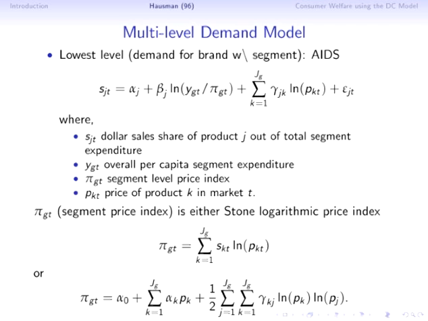Below that there's demand for segments. He takes all the cereals and separates them into 3 or 4 different segments, and models the demand for each of these segments. Then within a segment, he models the demand for each of the products, typically about 5 or 6 products within each segment. So he solves the dimensionality problem, or the too many parameter problem that we talked about last time, by setting these groupings.